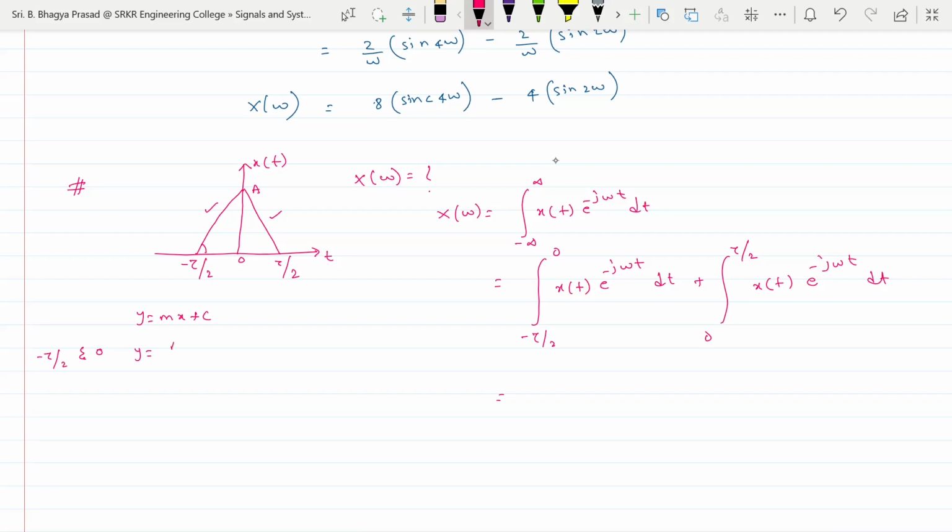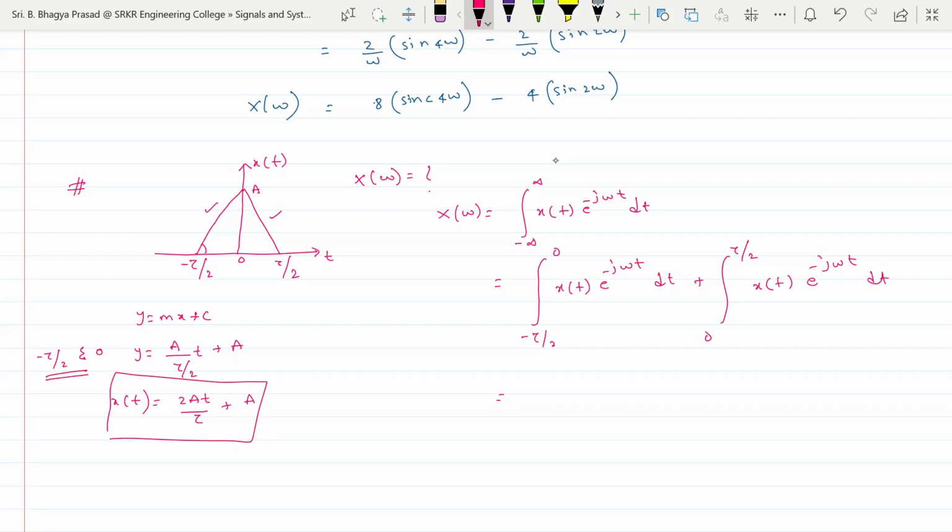The opposite side will be A and the adjacent side is tau by 2, and this is the positive slope, and the y-intercept is A. So you can write this as 2At by tau plus A, and this is x of t.